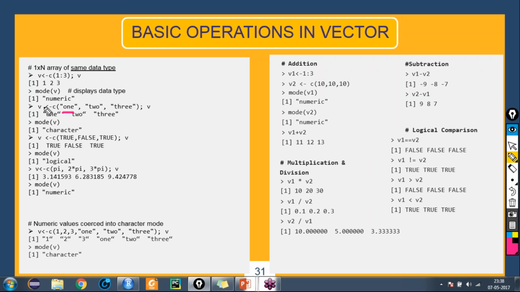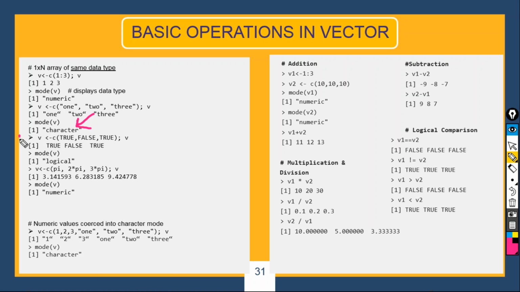This value is assigned to variable V, and then we write V and press the run button, and it will show the elements of variable V, which is a vector, and it shows 1, 2, 3. When we put it into mode, it will show what data type, that is character again. Then we assign different values to V, that is logical.